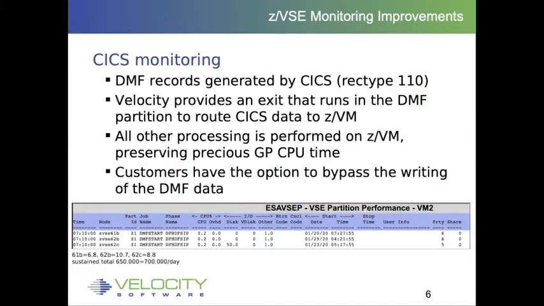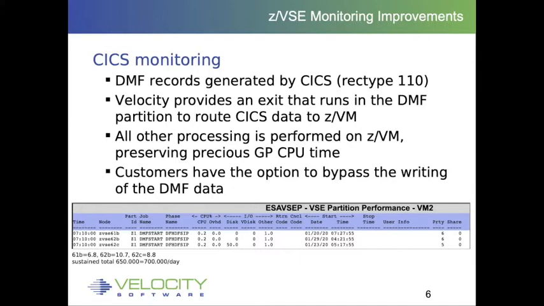We do rely on DMF to provide the CICS data. That's the record type 110, very similar to SMF on z/OS. Velocity provides an exit that runs in the DMF partition that intercepts the data that's written out to the DMF data sets and routes that over to z/VM.